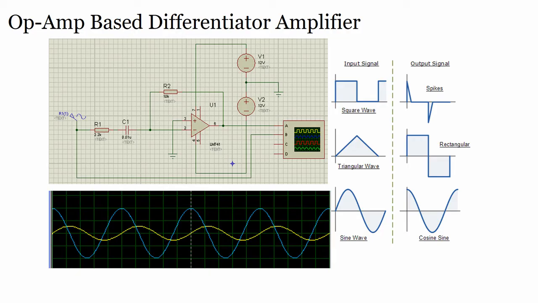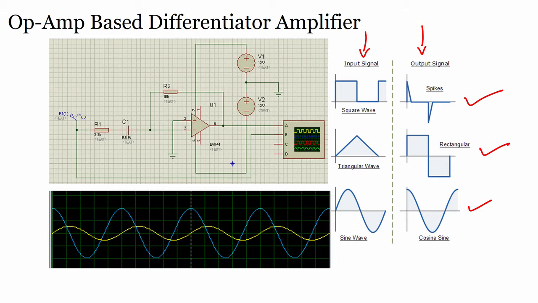Alright. So, you see here the input signal and output signal, and how they are related in the case of a differentiator. First, when you apply a square wave, you will be able to see spikes. If you apply a triangular wave, you can see a rectangular wave. If you apply a sine wave, you can see a cosine wave. That means you can use the differentiator as a signal converter.